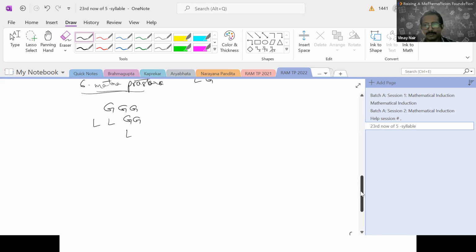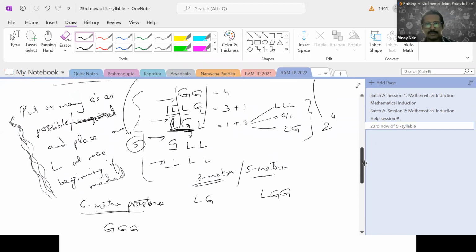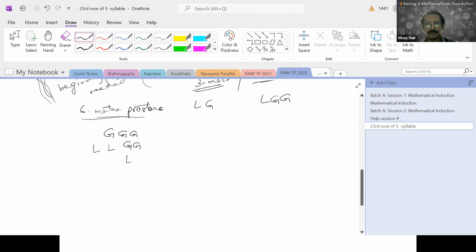If there are empty spaces, put as many G's as possible, and if required, place an L. Before that, copy down whatever is there on the right side. Now, the empty space is 3. We want 3 more.